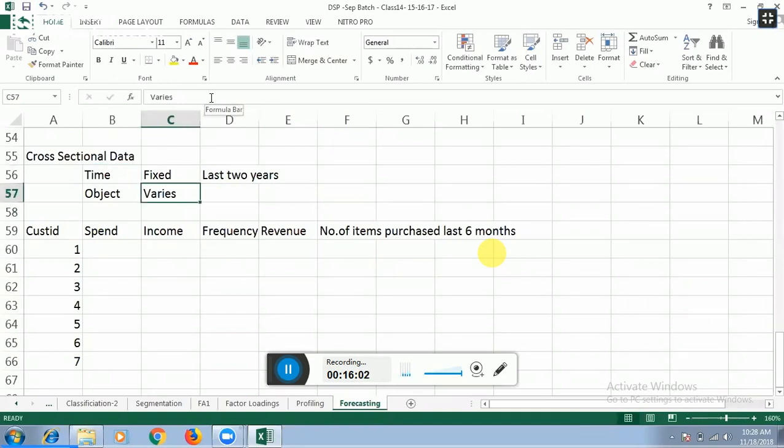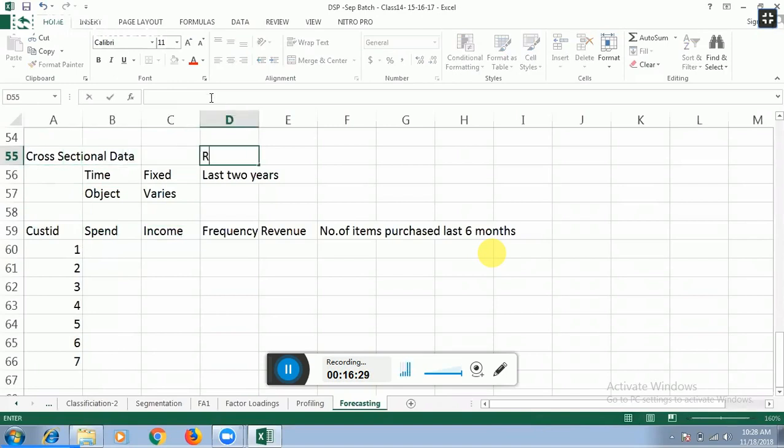So the object is varying. What is the object in this case? Each observation is one object. Customer 1 is one object, customer 2 is one object. These are two distinct customers; each observation is meant for one customer. That is what varies. If the data is something like this, we call it cross-sectional data.